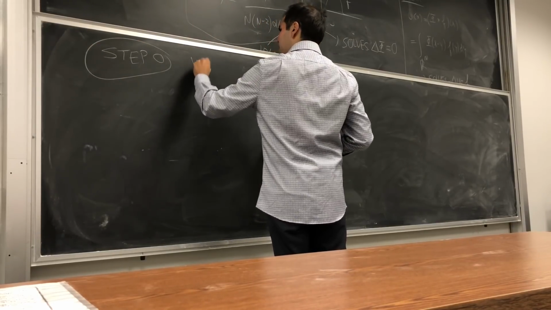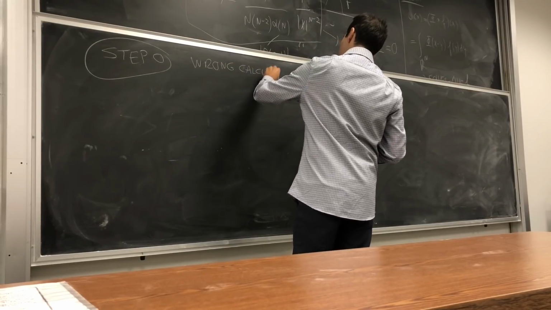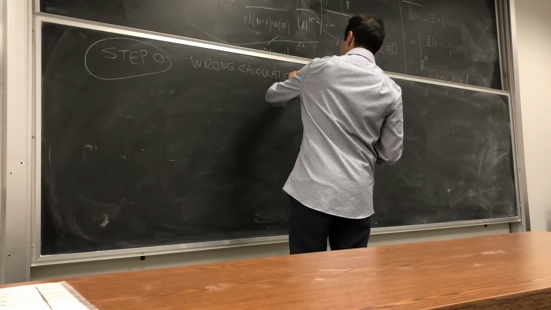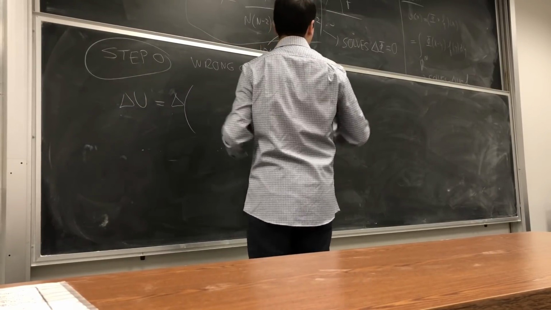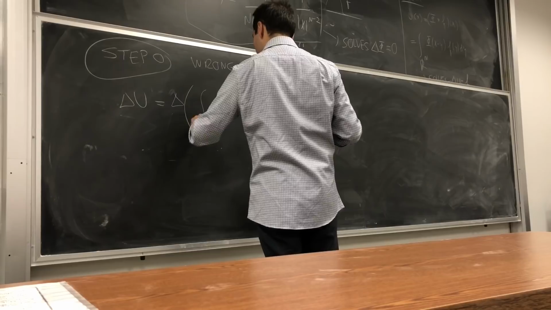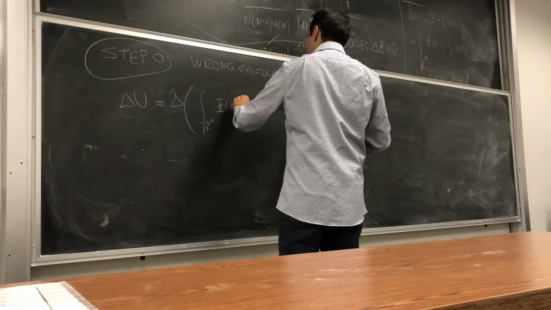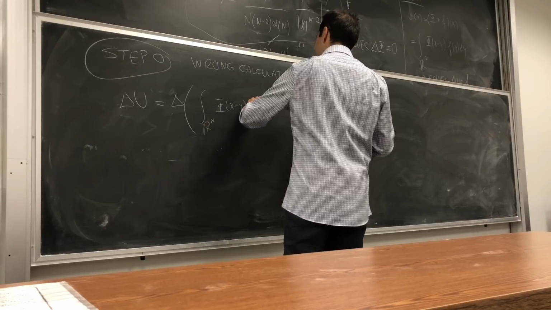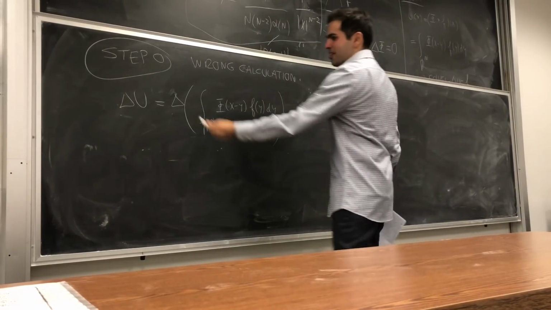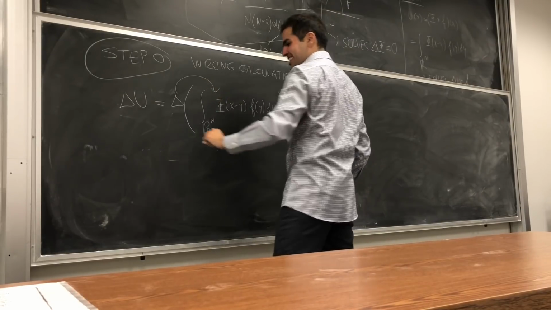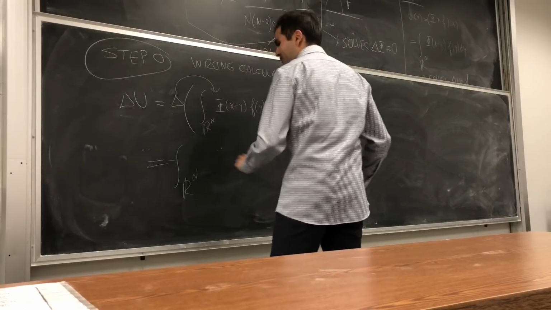Suppose, let's do a wrong calculation. Let's say we calculate Laplacian of u, which becomes Laplacian of this whole integral of phi of x minus y, f of y, dy, and suppose I put, why not, the Laplacian inside, because I don't care, I can do whatever I want.